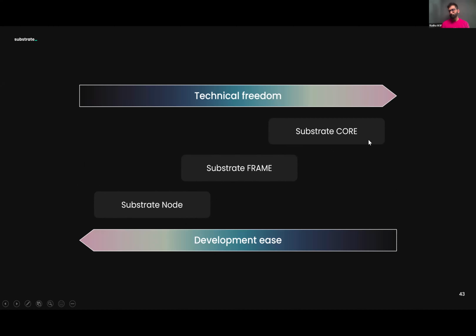And then if you've become really good with everything, you can actually mess with Substrate core primitives, starting with the cryptography and all the other primitives in there. As you can see, it's easier to start here and then slowly go here if you want more freedom.